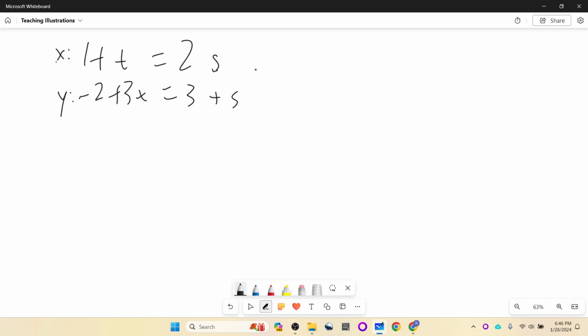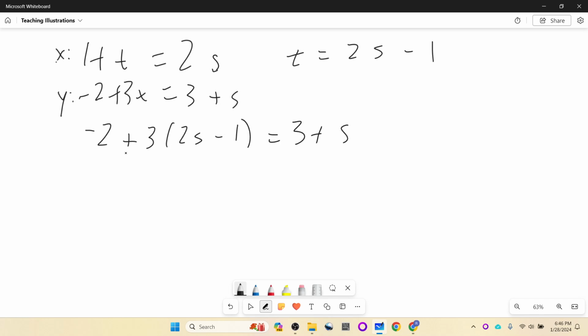Let's solve for t here. t equals 2s minus 1. So the y becomes negative 2 plus 3 times (2s minus 1) equals 3 plus s. Let's solve for s. So it's 6s minus 3 equals, I'll move the 2 over here, 5 plus s.